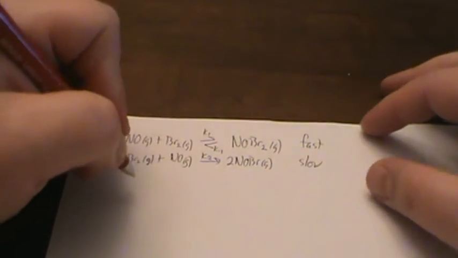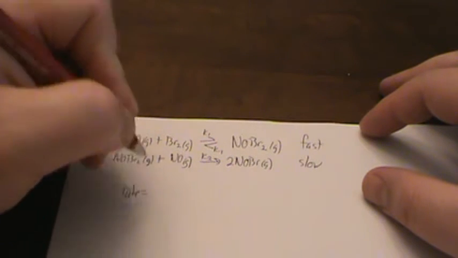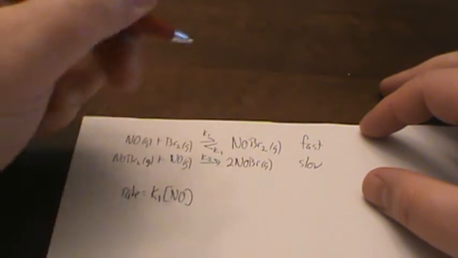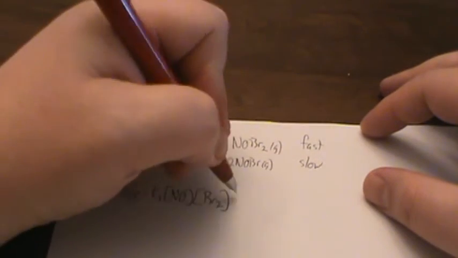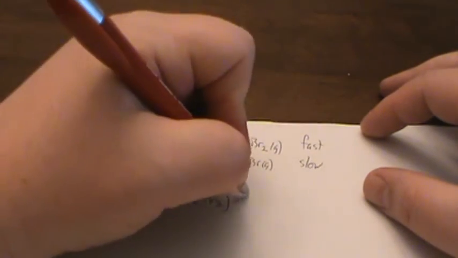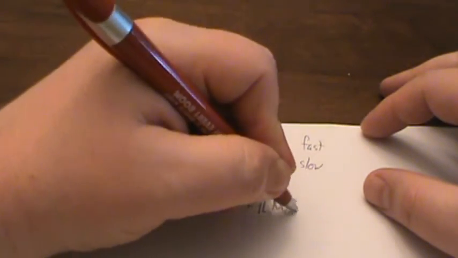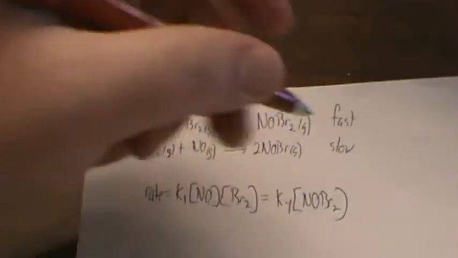So for this one, we could say that rate is equal to K1 times the concentration of NO times the concentration of Br2, and that's equal to K negative 1 times the concentration of NOBr2. Because in the reverse reaction, the only reactant in this first one would be the NOBr2.